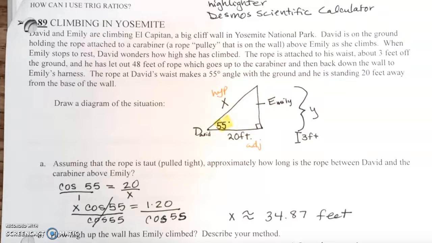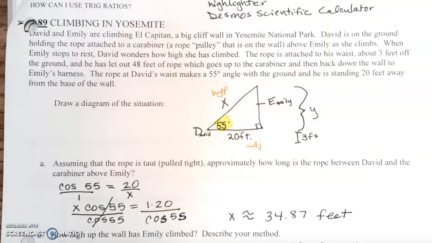When Emily stops to rest, David wonders how high she has climbed. The rope is attached to his waist, about 3 feet off the ground, and he has let out 48 feet of rope, which goes up to the carabiner and then back down to the wall to Emily's harness. The rope at David's waist makes a 55-degree angle with the ground, and he is standing 20 feet away from the base of the wall. That's a lot of information.